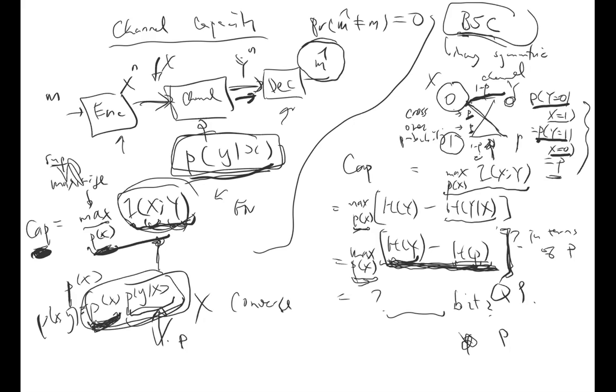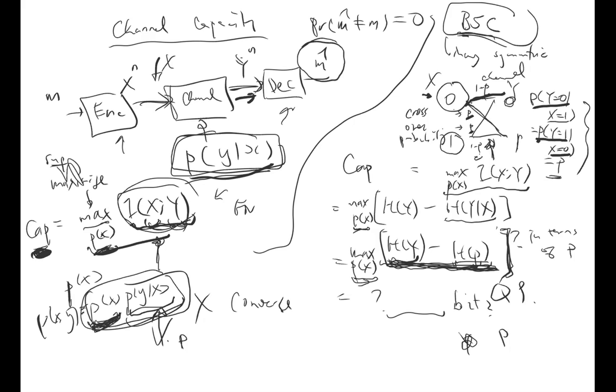So you have a probability P of error, a crossover probability, where you send in 0 but get 1 instead. At the same time you have a symmetric crossover probability, where you may send out 1, but with probability P you get 0 instead.